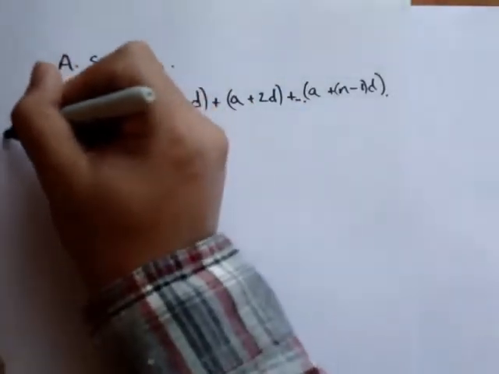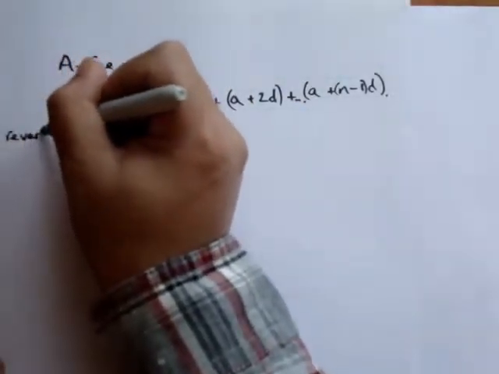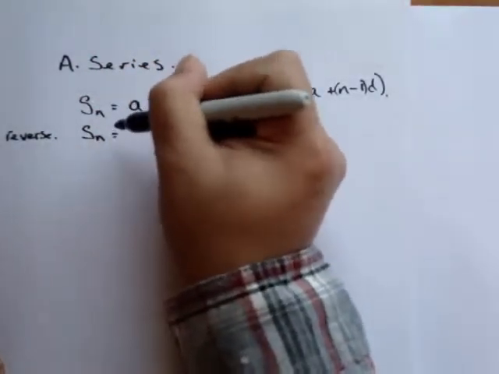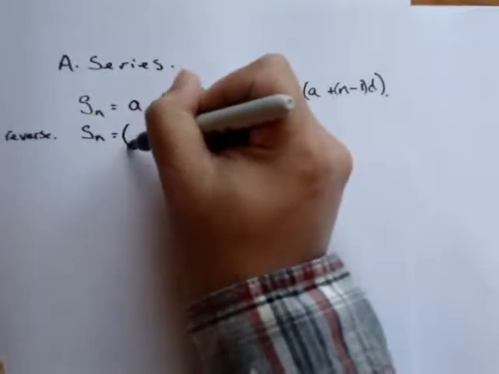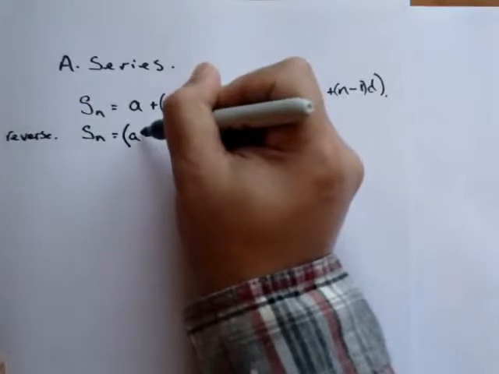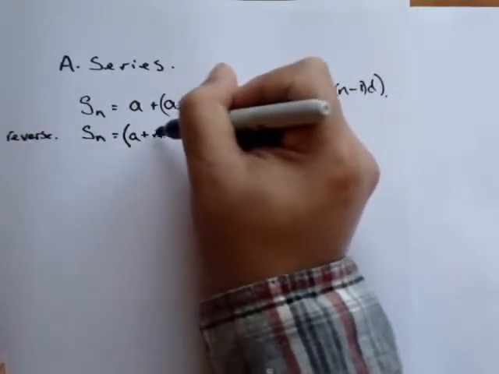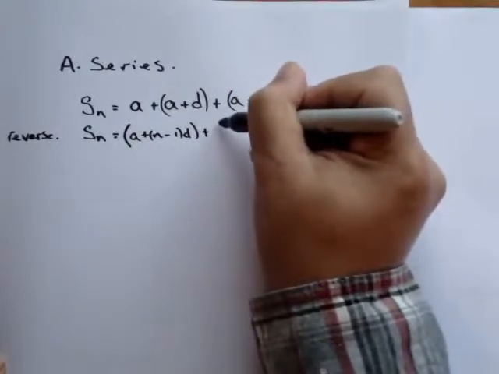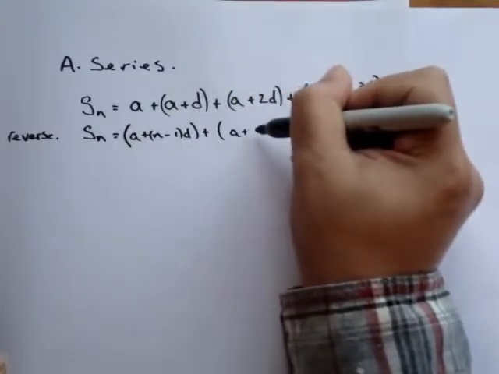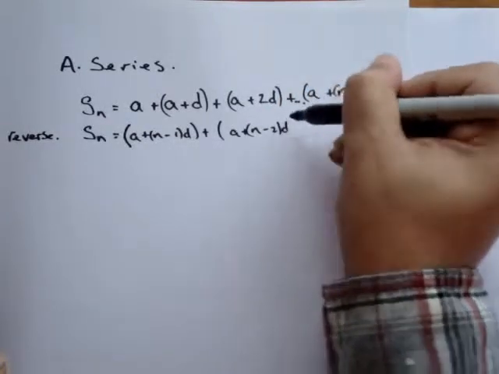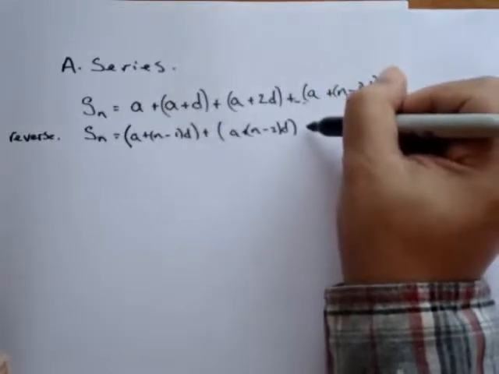If we reverse the order underneath, then the sum of terms would become a, which is the last term here, plus n minus 1 d, plus a plus n minus 2 d, and so forth.